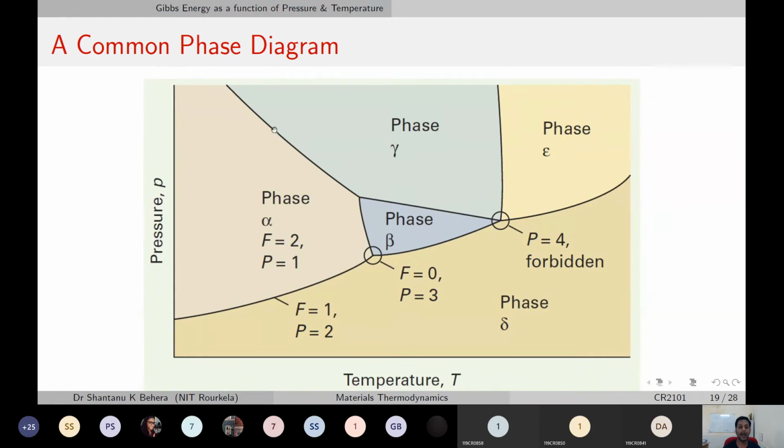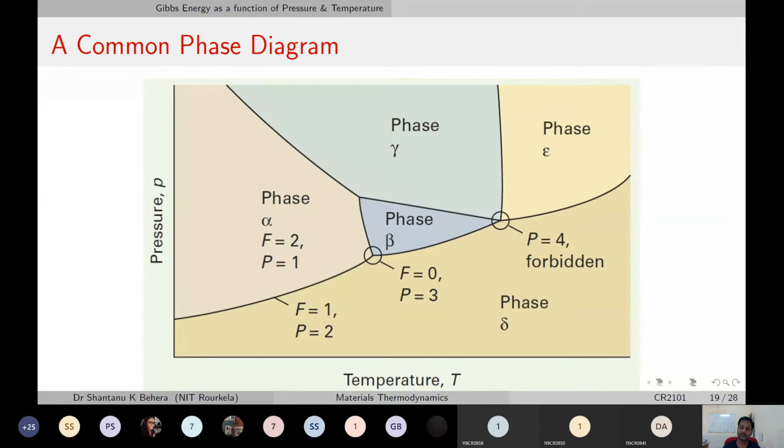Now here, I can change pressure, I can decrease pressure, and I can still be in the equilibrium between alpha and gamma phase. But when I do that, I do not have any control on the temperature.